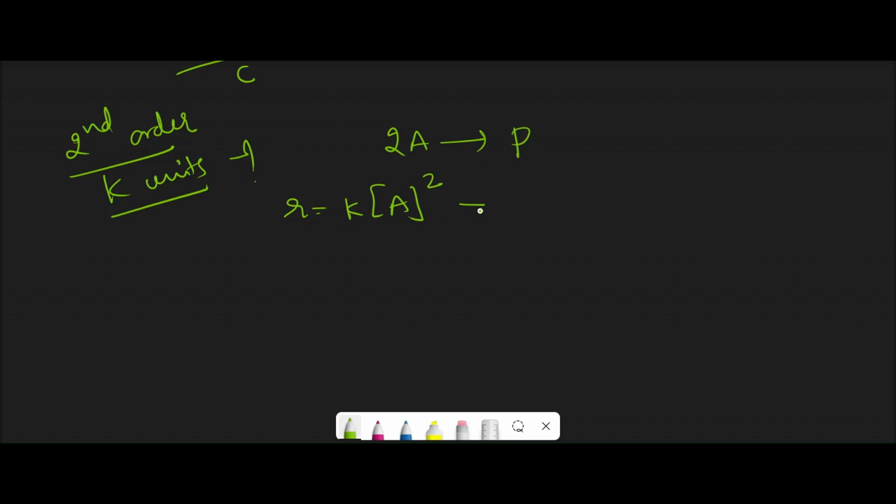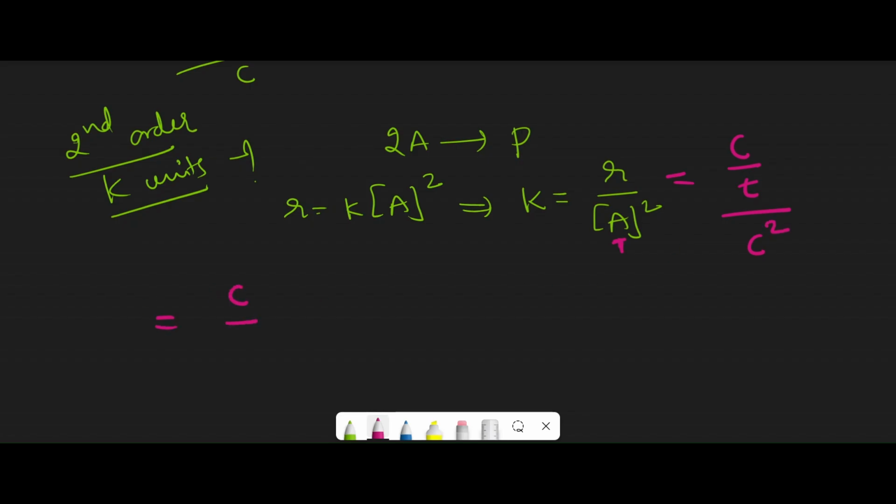Now I have to calculate the units of k, which I'm writing as the expression r divided by the concentration of a square. As we have already discussed, r is mole per liter per second, that is c by t. Here a is the concentration, that means mole per liter, which I'm writing as c, so here the square will be there.